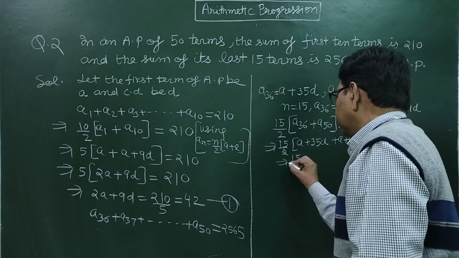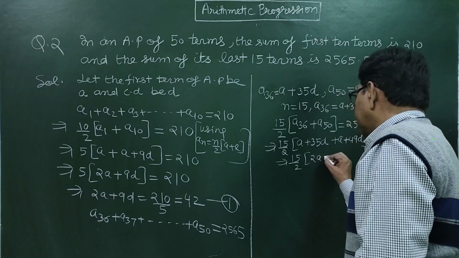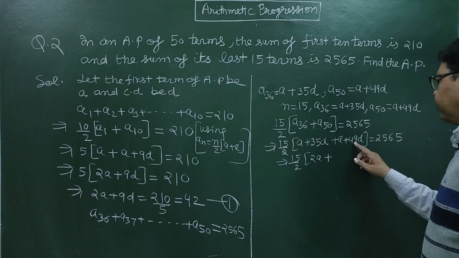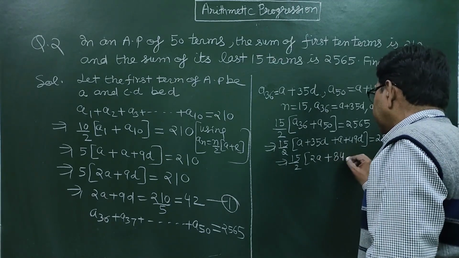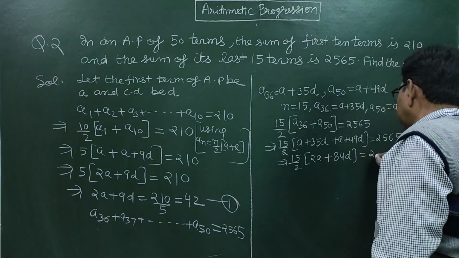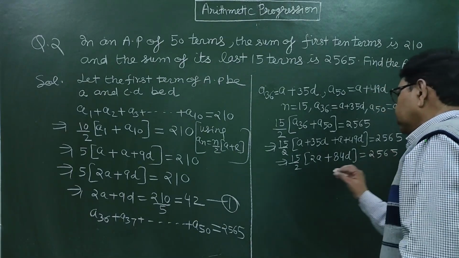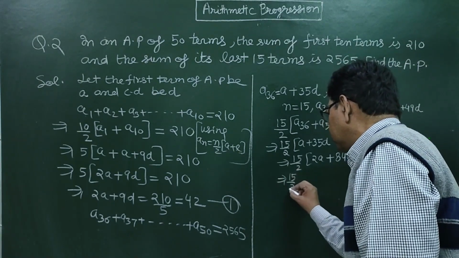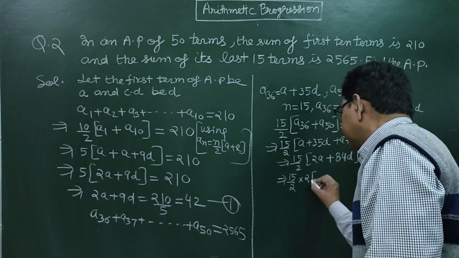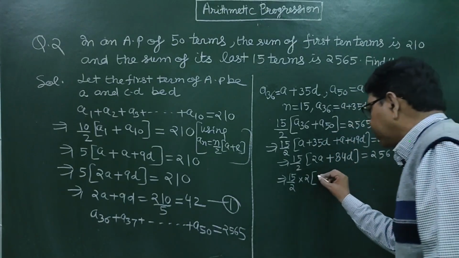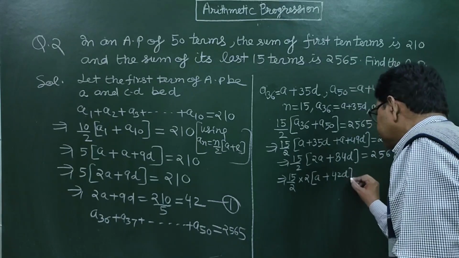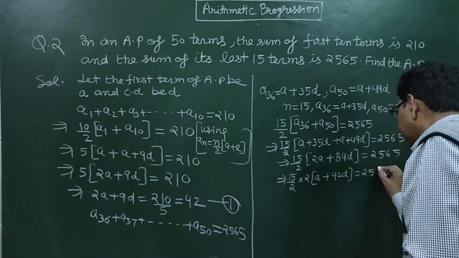15 upon 2 into (2A plus 35 and 49, that is 84D) is equal to 2565. So take 2 common: 15 upon 2 into 2 times (A plus 42D) is equal to 2565.